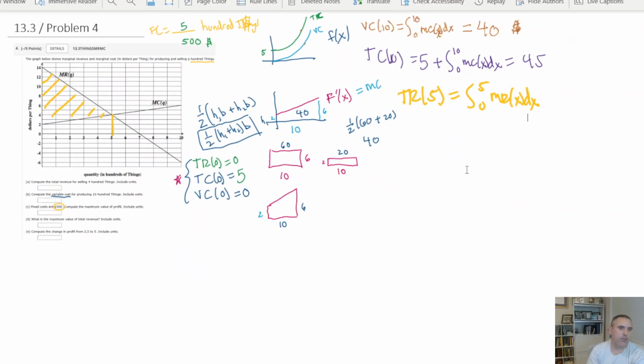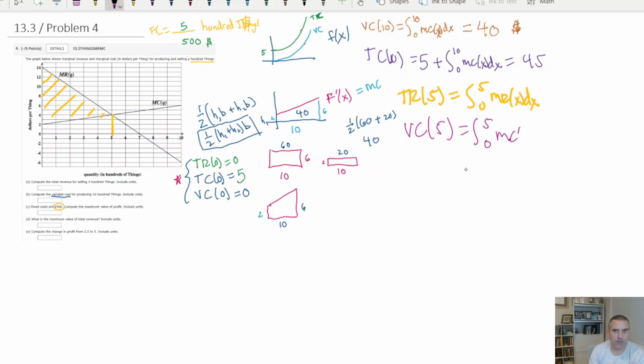This is the sort of game we're playing. You could find the variable cost at 5, where they intersect, by estimating the area from 0 to 5 under MC. If you wanted the total cost at 5, you'd have to add in the $500. So those you can find.